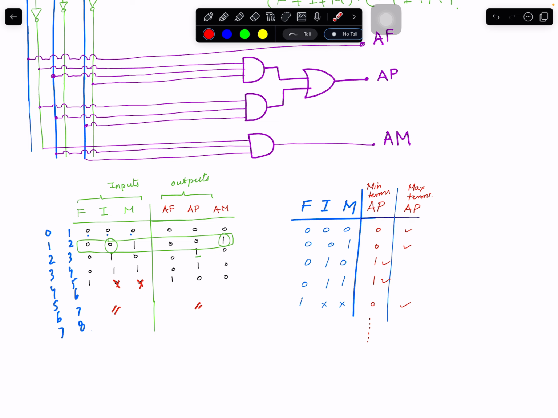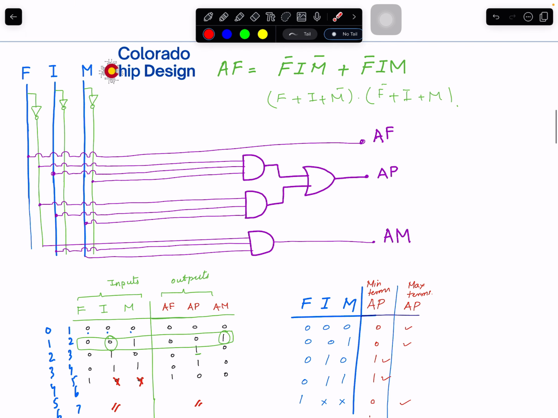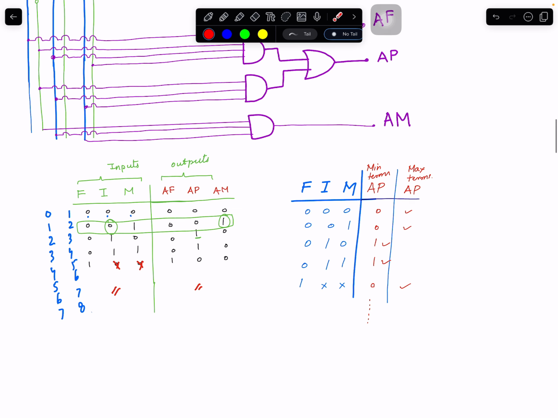But we can also do it the opposite way, in what we call the max term way. By the way, this is just an example, it's not correct. So you will see here, in the max term, what you do is you write the combination for which the output is 0.